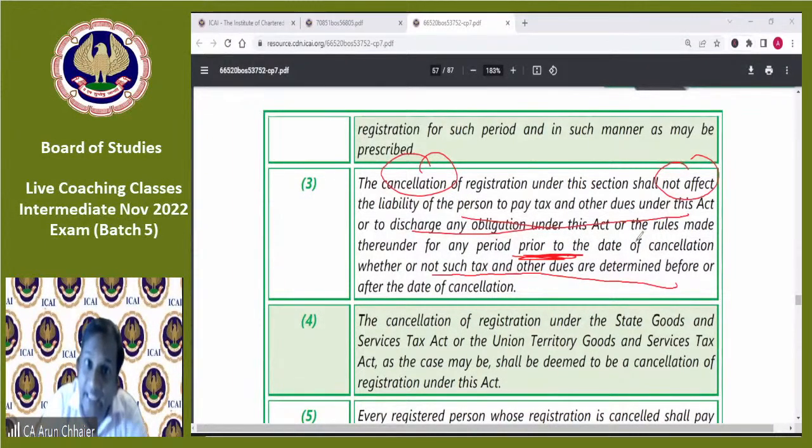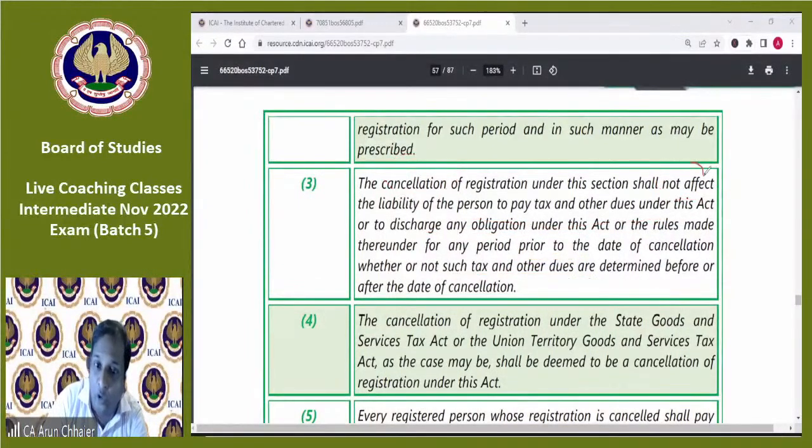It cannot be said that because the registration is cancelled, he is relieved from liability. No. Whatever the taxes are for the period till the number is active, he has to pay. It will not affect the liability of the person to pay the tax and other dues under GST.